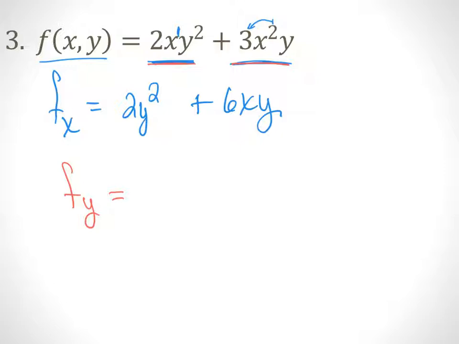So we're going to get 4xy as this partial derivative with respect to y. So 4xy. For the next one, 3x squared is a number, and the derivative with respect to y, it's really like the coefficient of y, so we get 3x squared.